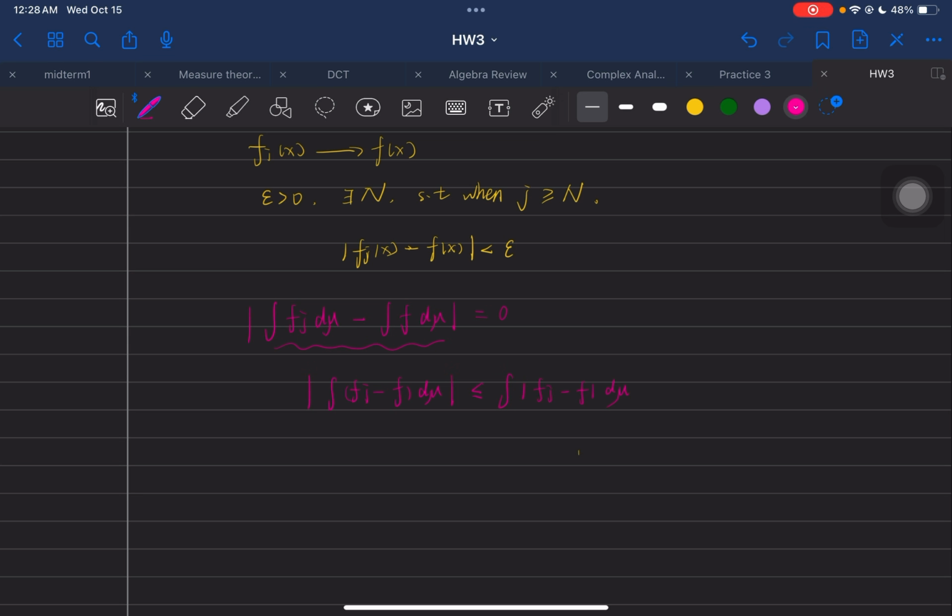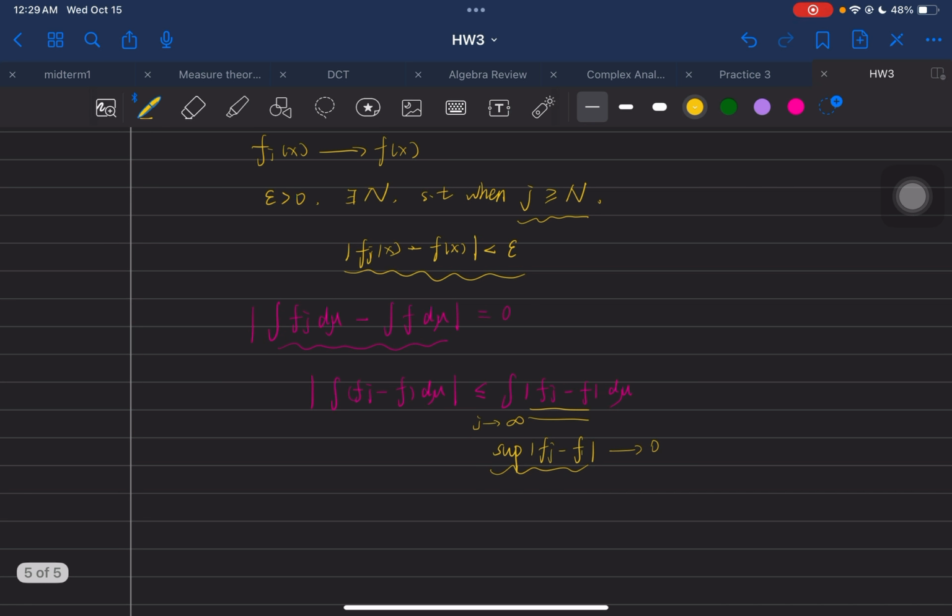As we know, for large enough j, this distance would be super small. So we could just take the supremum of fj minus f, and we let j go to infinity. This one would definitely go to 0.